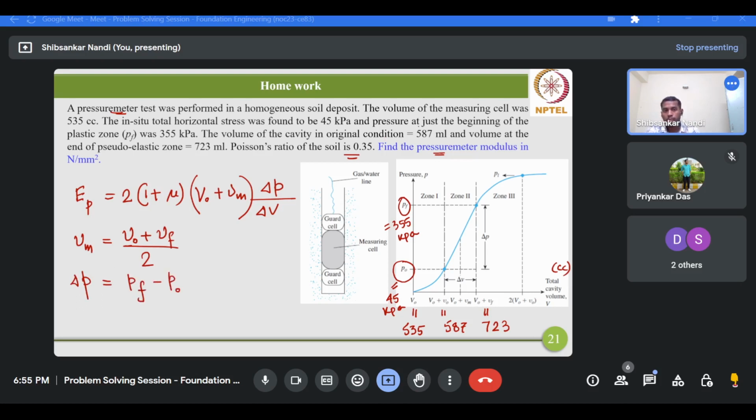This is the difference between the pressure at just the beginning of the plastic zone and the in situ horizontal stress. And this Pf is given as 355 kPa and P0 is given as 45 kPa.